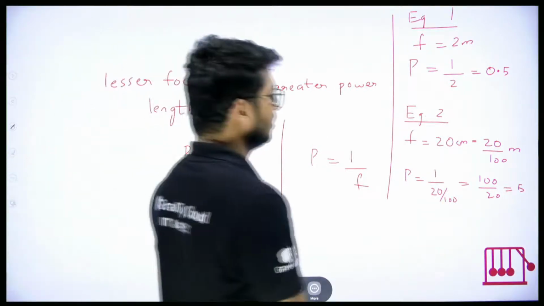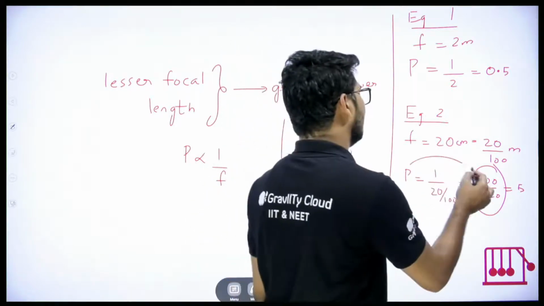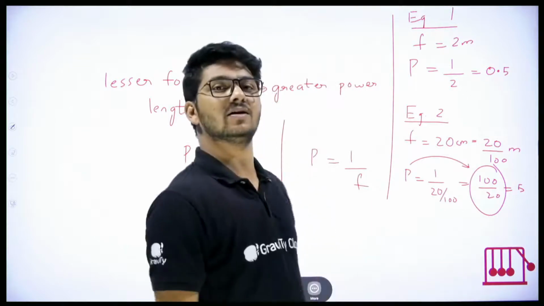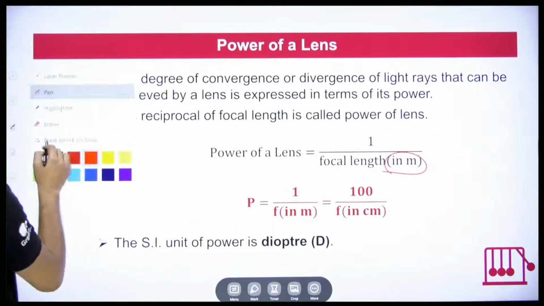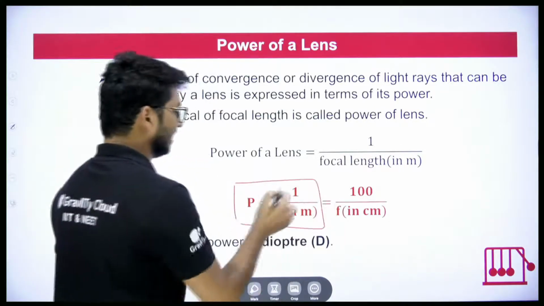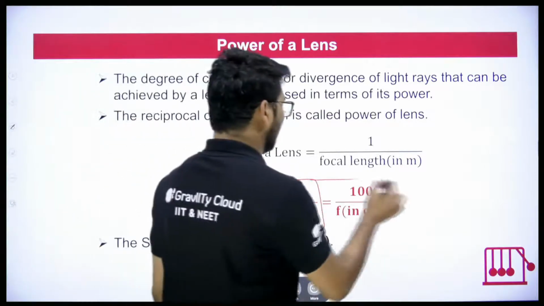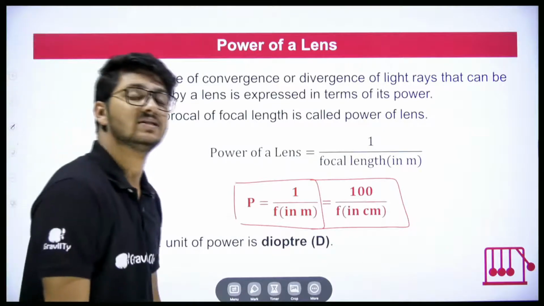So look at this. When we are taking it in terms of centimeter, we can directly make use of the formula 100 by focal length in centimeter. That's why we have this formula. For our convenience, we define two types of formula. One is directly 1 by focal length when the focal length is in meters, or 100 by focal length when it is in centimeter.